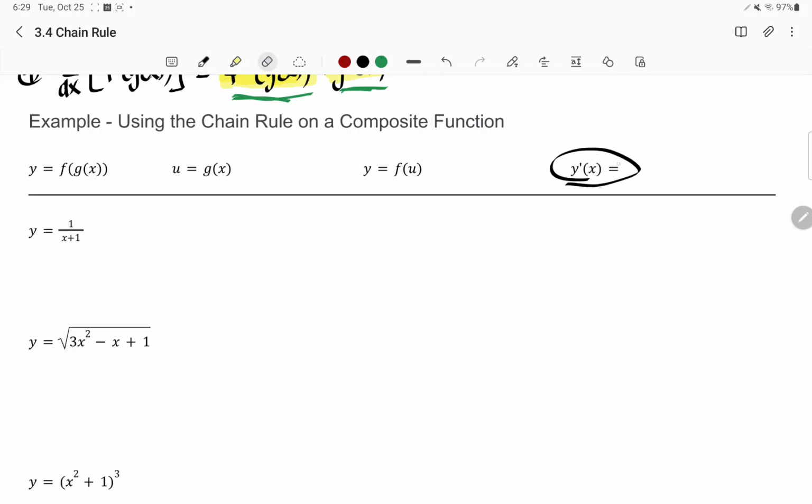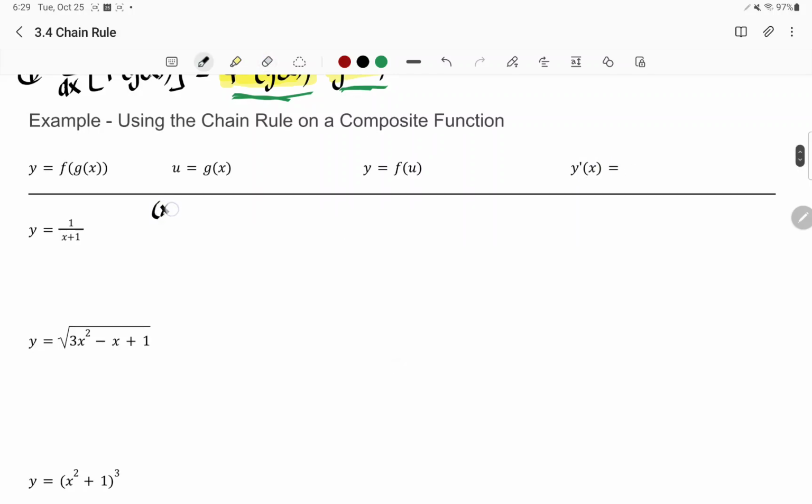So on this one, we could just use the quotient rule. It would be the low, x plus 1, times the derivative of the high, minus high times the derivative of low, over low, so x plus 1 quantity squared. And that would simplify to negative 1 over x plus 1 quantity squared.